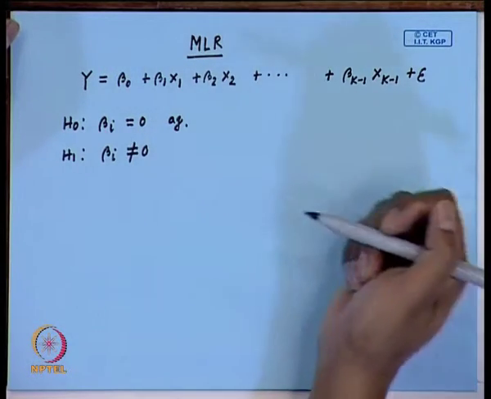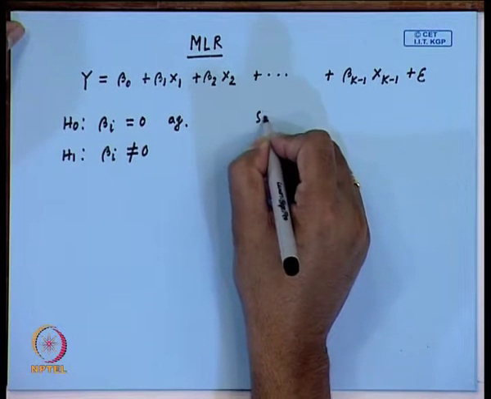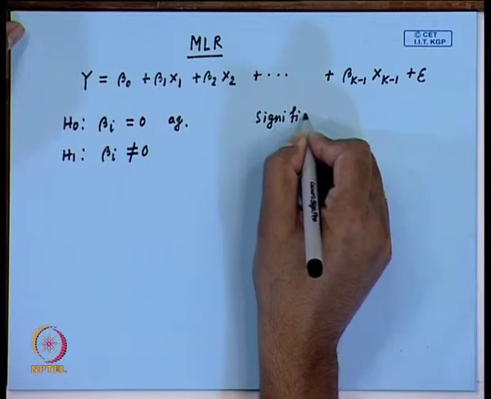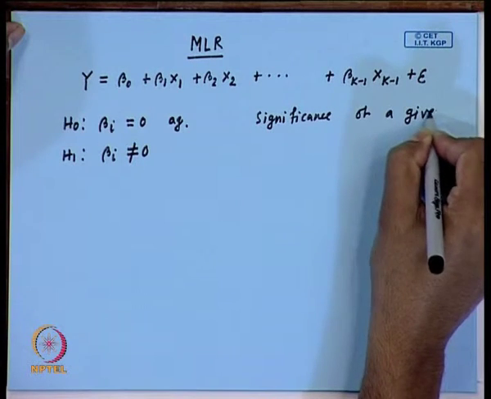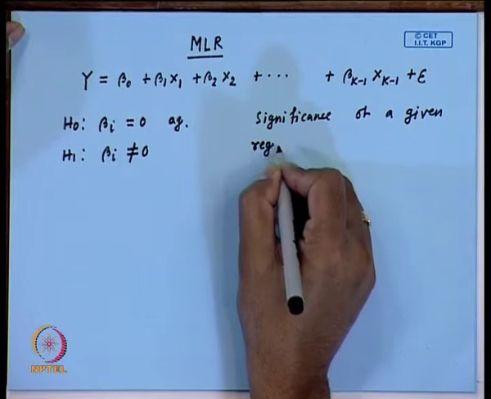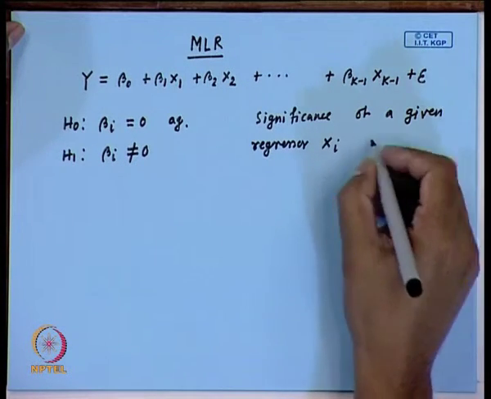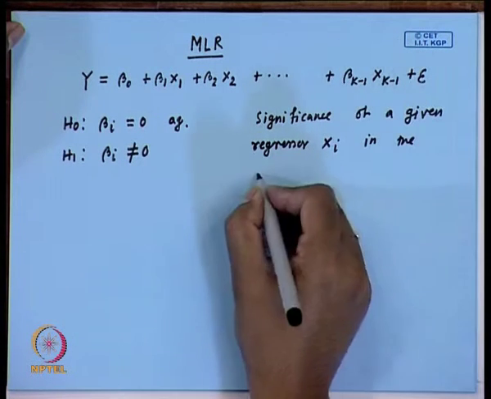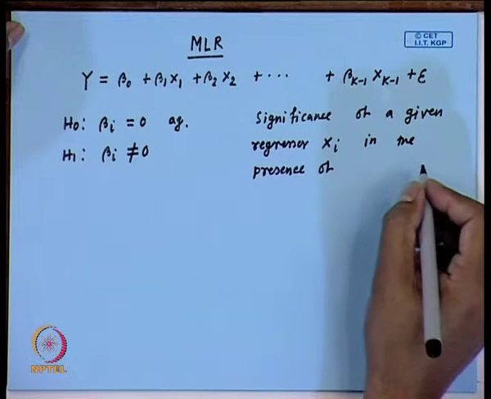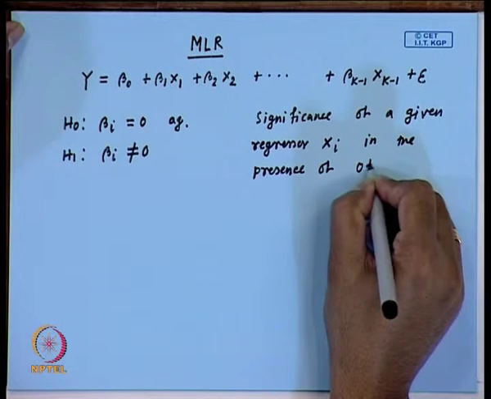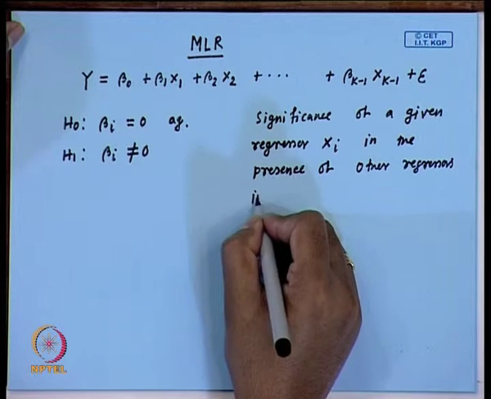The meaning of this hypothesis is that by testing it, we test the significance of a given regressor x i in the presence of other regressors in the model.